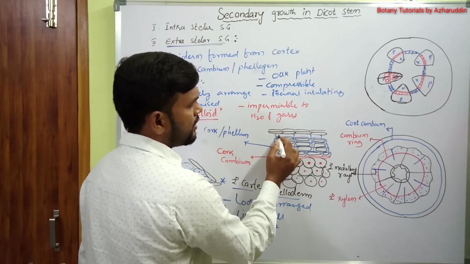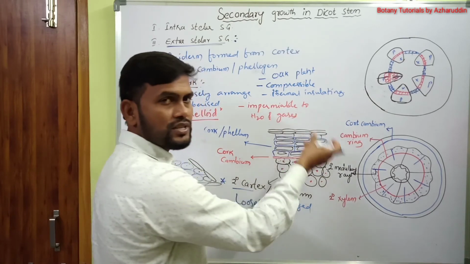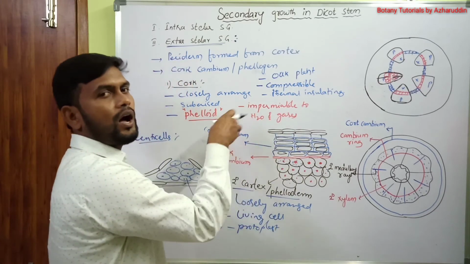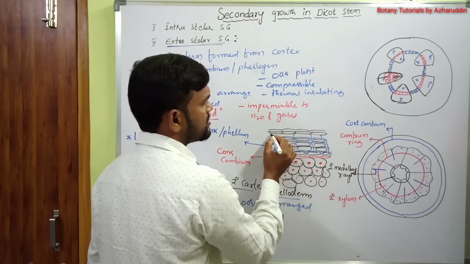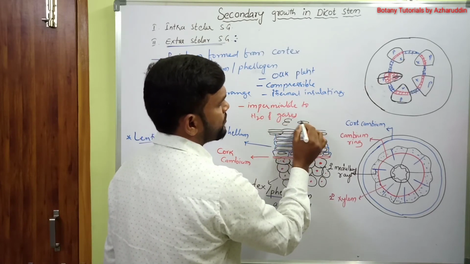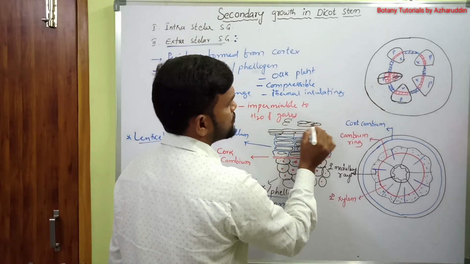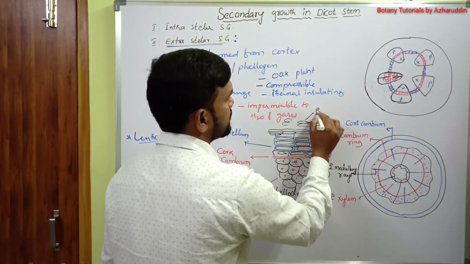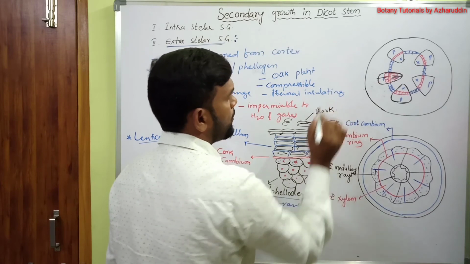There is no transportation to the outer cells. These outer cells are peeled off as small strips. That is called bark.